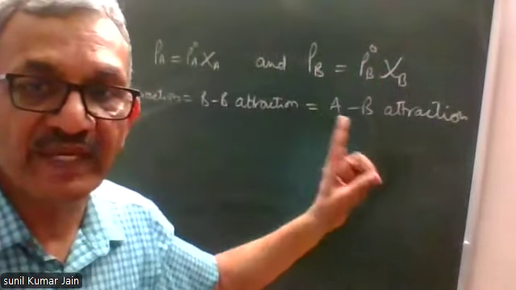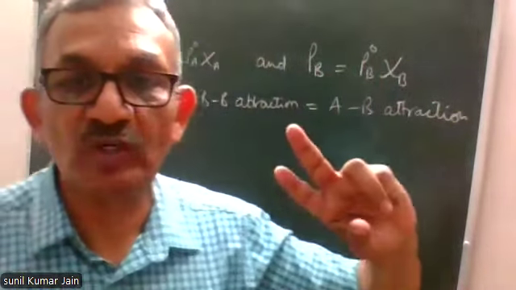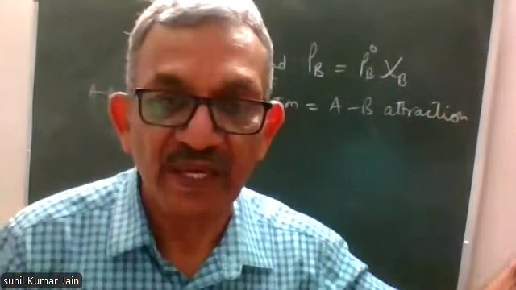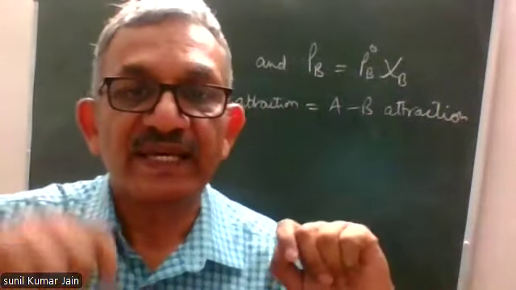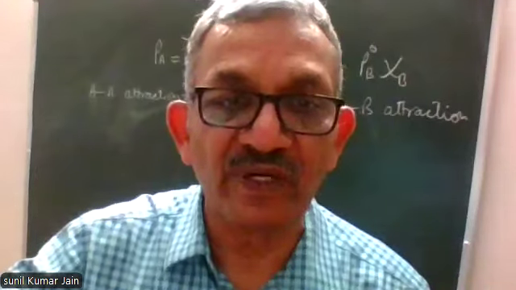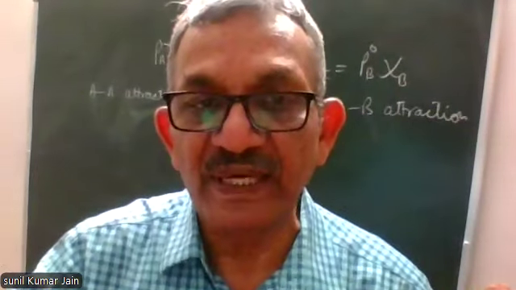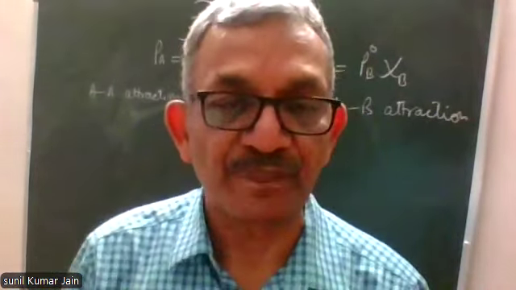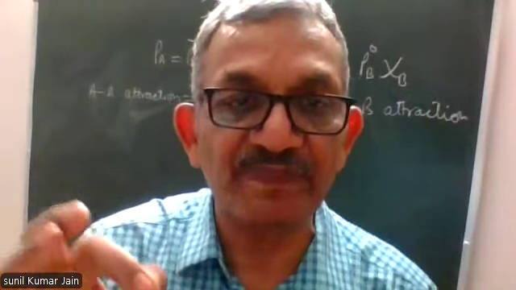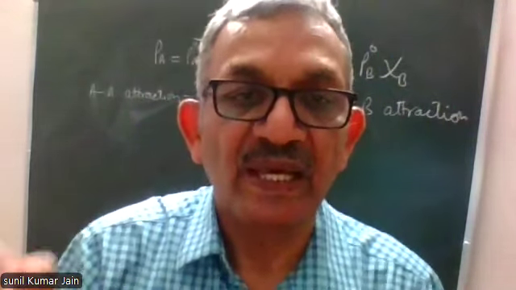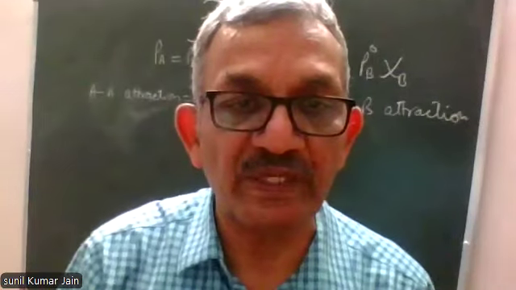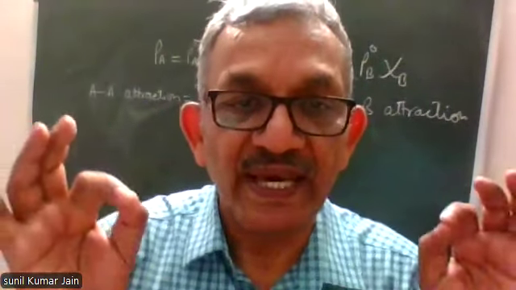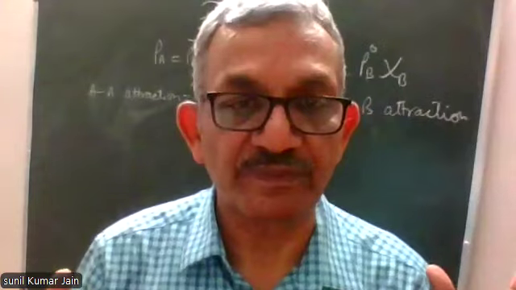New attraction between A and B will be as strong as initial attractions. And if this is the case, A will not affect volatility of B and vice versa. Tendency to form vapors will not change. Partial VP will be equal to what we expect on the basis of Raoult's law.